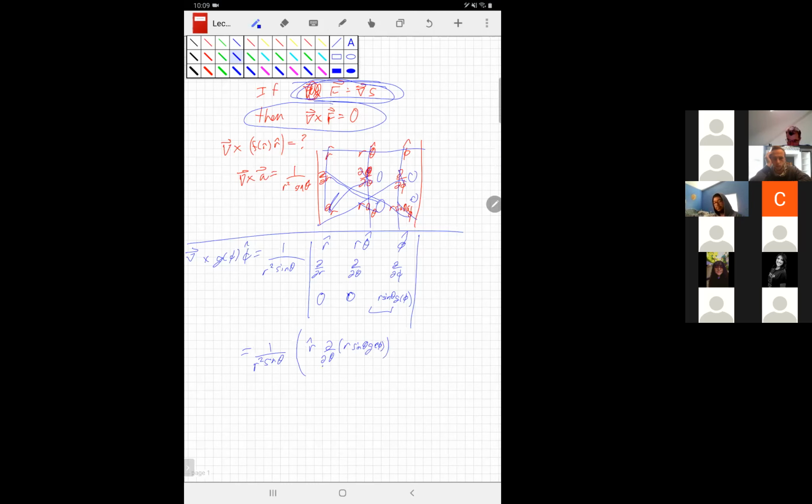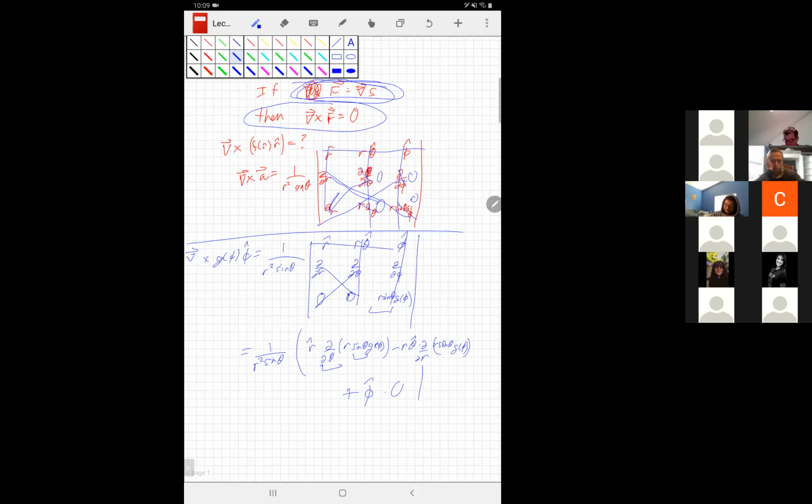Hey, there's something that depends on theta, so that's non-zero, minus r theta hat times partial by partial r of r sine theta g of phi, plus phi hat, well, that determinant is 0.